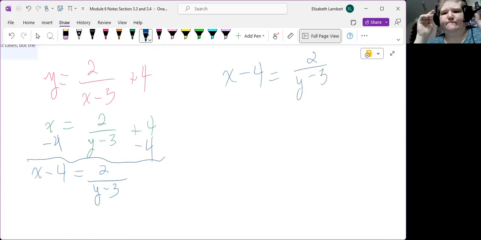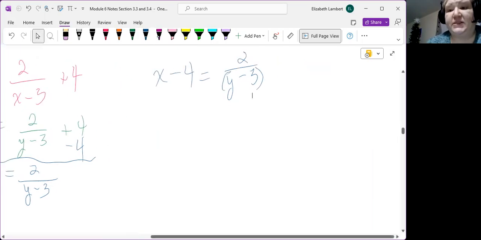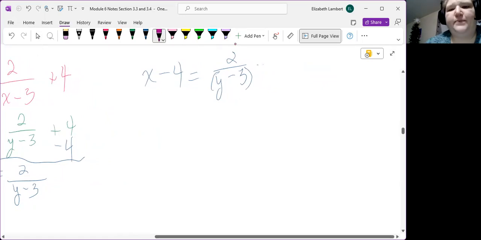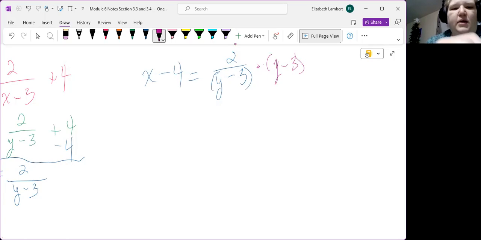Okay. Here's where it gets weird. So I need that y to not be on the bottom anymore. But it's not just y on the bottom, it's y minus 3 on the bottom as its own binomial. So what we're going to do next is multiply by that thing on the bottom. We don't want fractions anymore. So over here, I'm going to multiply by y minus 3.